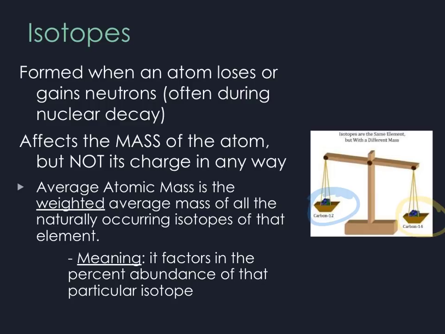So we need to factor in something called the percent abundance of that particular isotope. Most of the carbon atoms in the world are carbon-12. There's only a teeny tiny amount that are carbon-14. So our average has to be closer to 12 because there are more carbon-12 atoms out there. We're going to figure out how to do the math to make the average weighted towards the more abundant isotope.